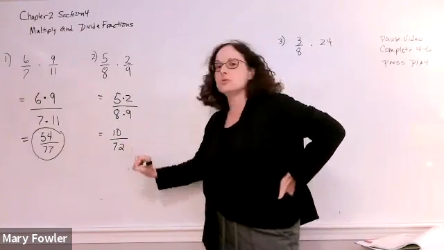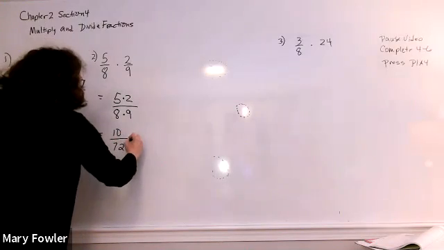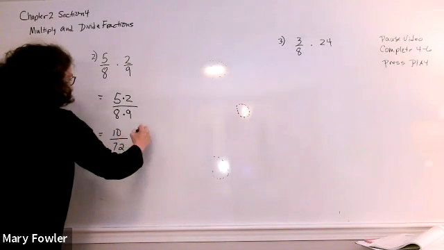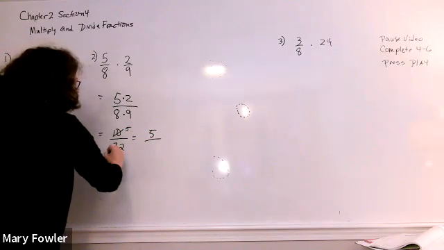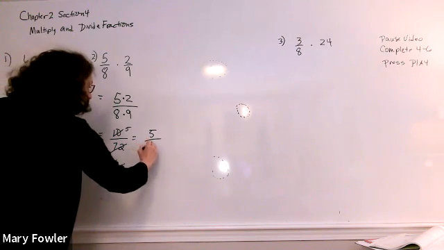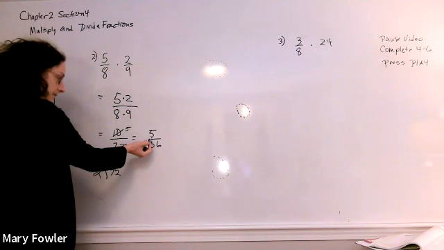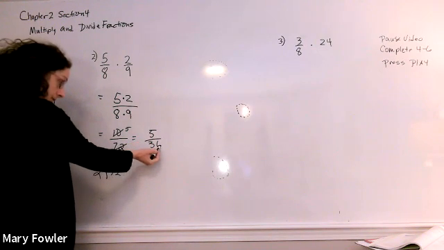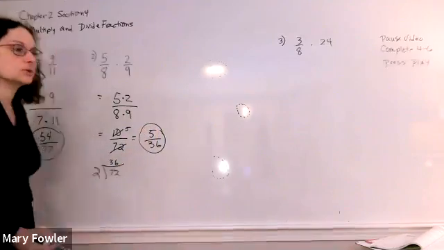So I'm going to reduce numerator and denominator by a factor of 2, and then see where we are. So 2 goes into 10 5 times, and 2 goes into 72 36 times. So 5/36, and now I see 5 is a prime number, and 36 has factors like 2 and 3. So it's in its lowest terms.